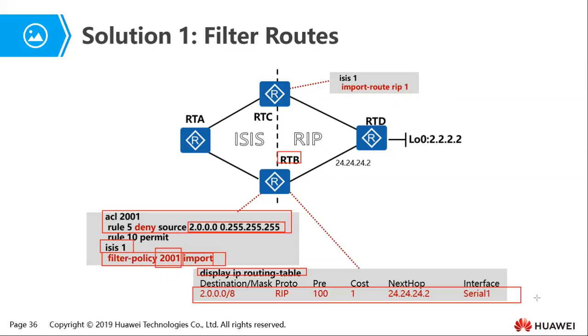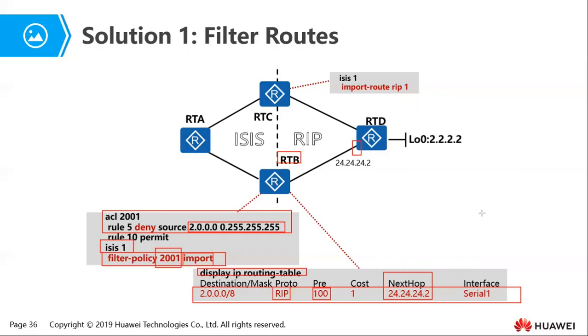So now, if we do display ip routing table on RTB, we are going to see that the route that has been learned through RIP to that destination is now installed in the routing table. It has a preference of 100, but most importantly, the next hop for this route is the optimal one.